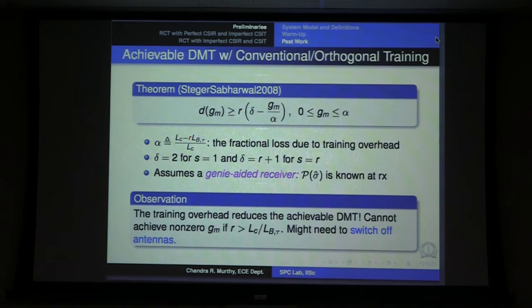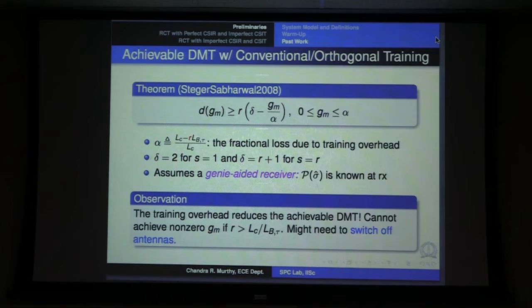Out of that L_C time, you use R times L_B tau. Think of L_B tau as 1, I mean, you need to train for at least one symbol duration on each of the antennas. So alpha is L_C minus R times L_B tau, divided by L_C. That's the fraction of the coherence time of the channel that you have available for sending data. And delta is just another factor which is equal to 2 if you are using s equals 1.